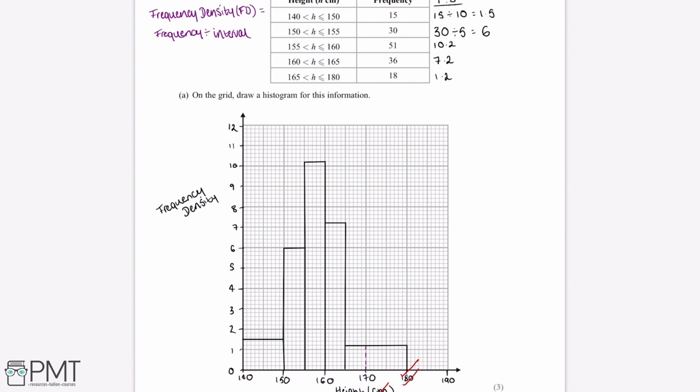So our frequency for the interval between 150 and 155 centimetres has been given to us as 30. Between 155 and 160 centimetres we've been told is 51 students. And finally between 160 and 165 we've been told that there are 36 students.